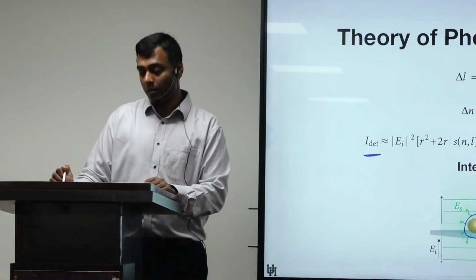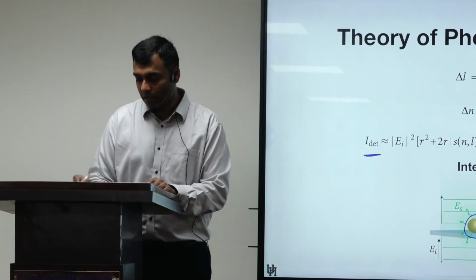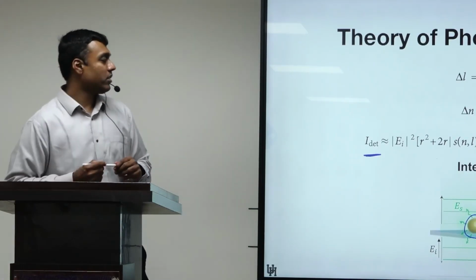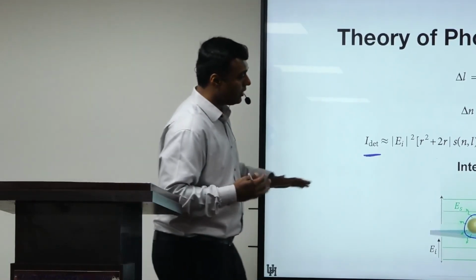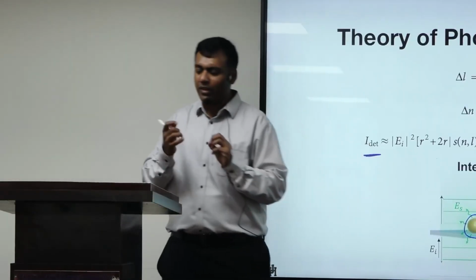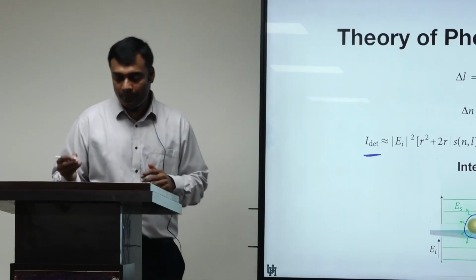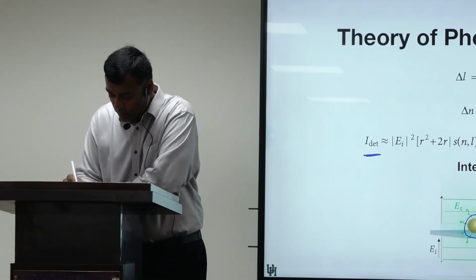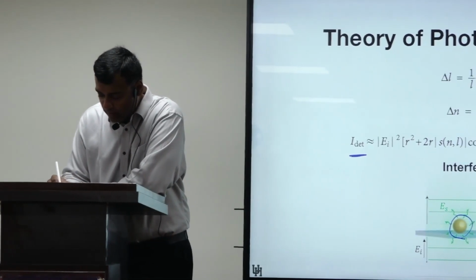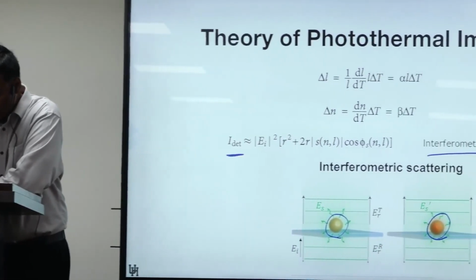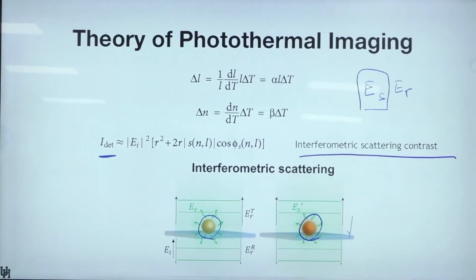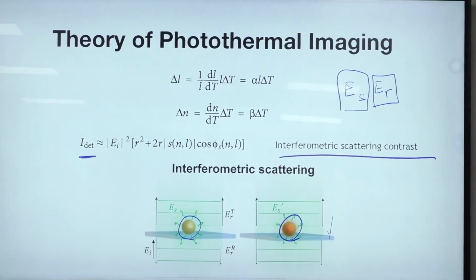This approach is called interferometric scattering contrast. It is very useful for making very sensitive measurements. The reason it's useful is that the signal is proportional to ES times ER, where ES is the field from the scattering and ER is the field from the reference.